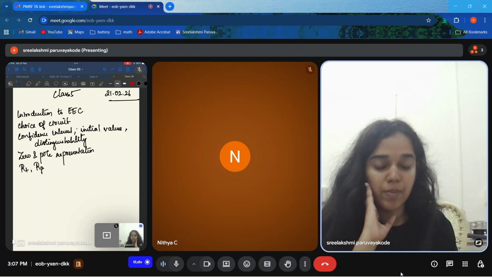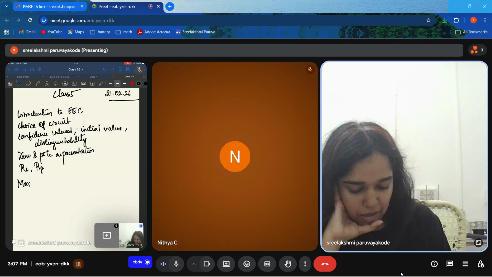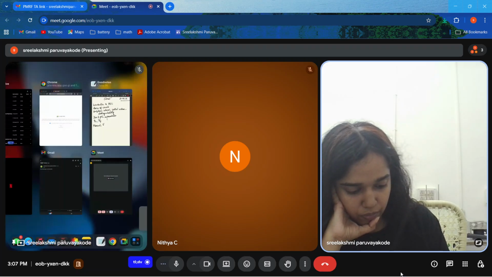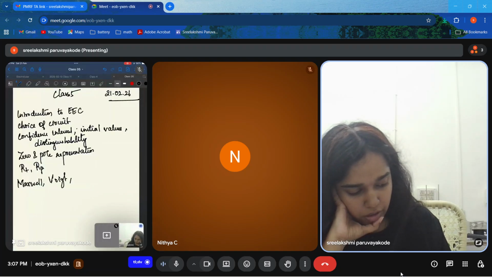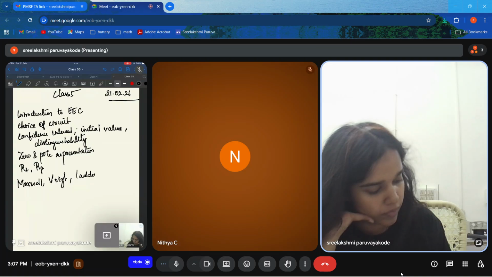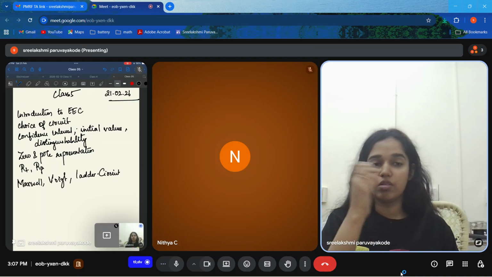Then we'll be seeing the types of circuits, some well-known circuits. One is Maxwell, then Voigt, ladder circuit, then yes, then we'll be discussing the science. So this is about today.